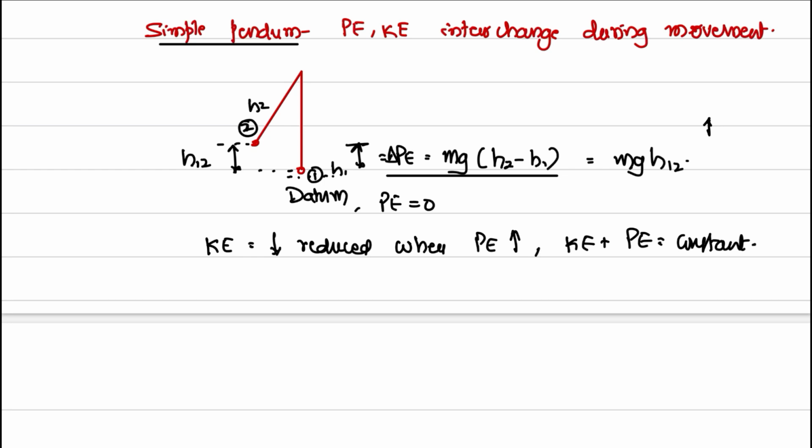Initially kinetic energy is low and potential energy is high. It moves from here, from position O, where potential energy is high, and it is converted to kinetic energy at the bottom, at the datum, where kinetic energy is highest. Again it moves to position 2, where potential energy increases and kinetic energy is reduced.